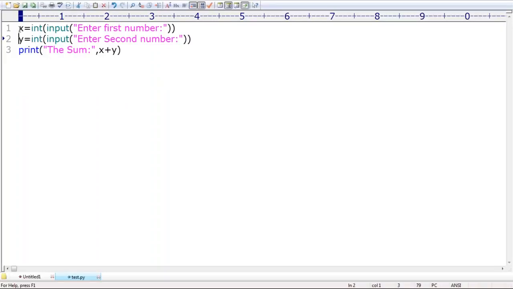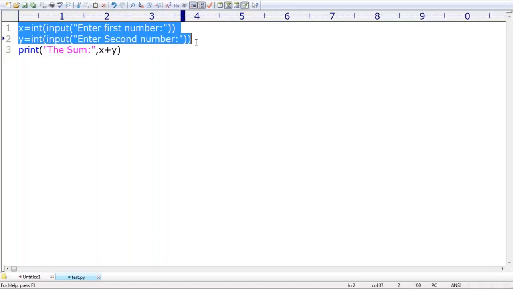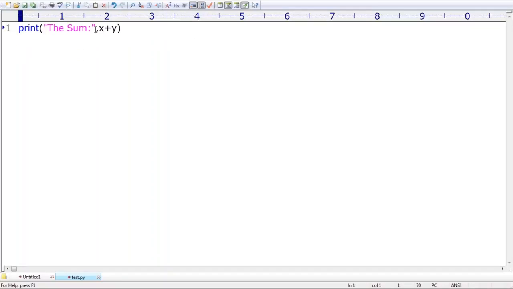Now look at this one, don't get shocked. Now I have to read the first number from the keyboard. Take very special care: int of input of "enter first number".